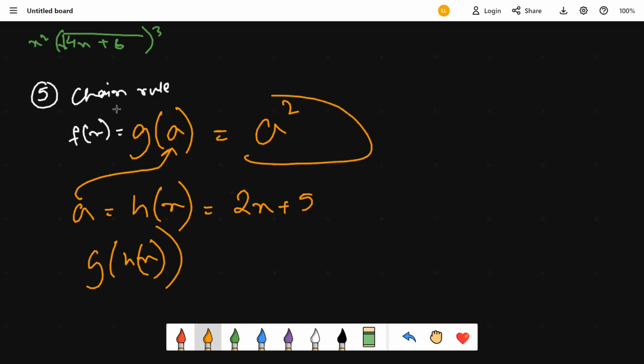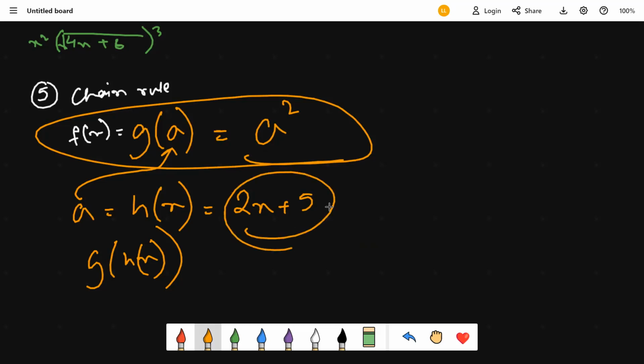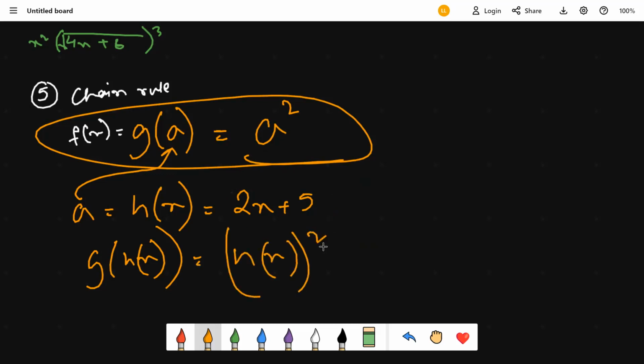We are substituting this function in place of a. So we get h of x to the power of 2, simply placing h of x in place of a. Now when we substitute h of x with its actual equation, what do we get?